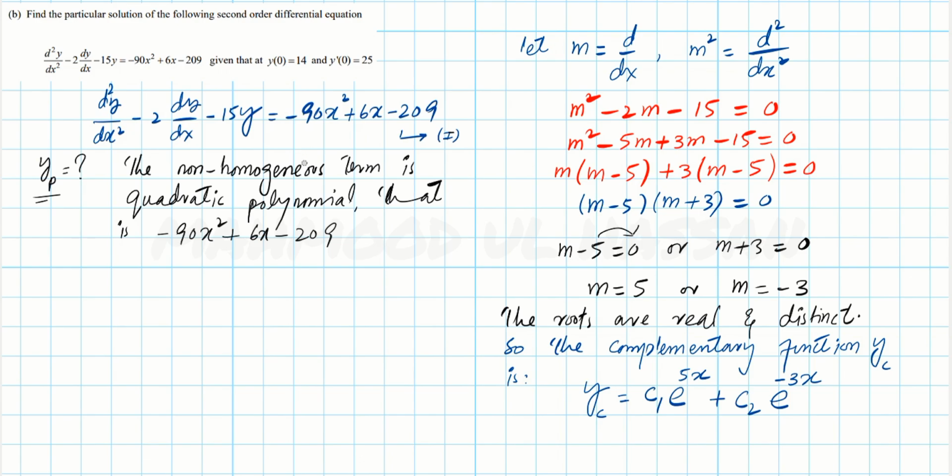So our general particular solution would be the general form of the quadratic function.